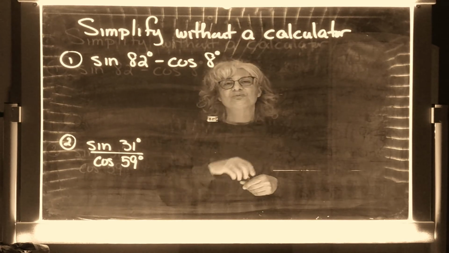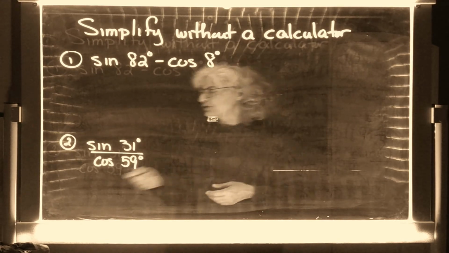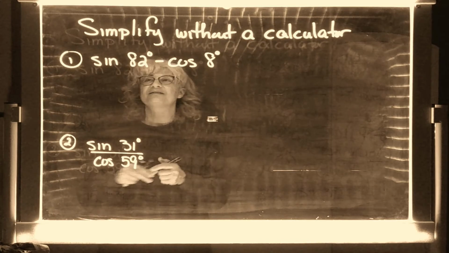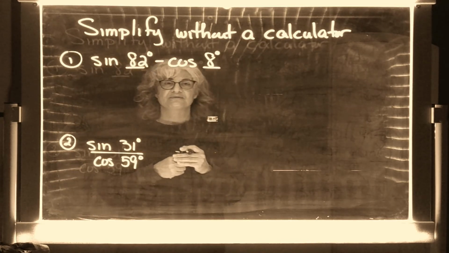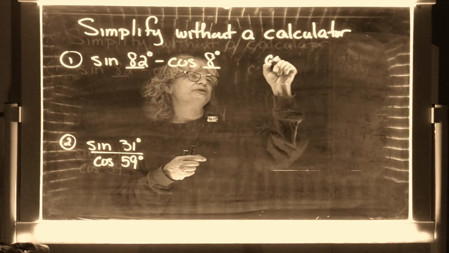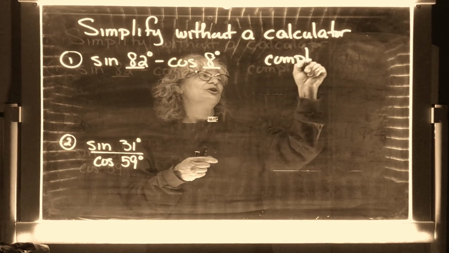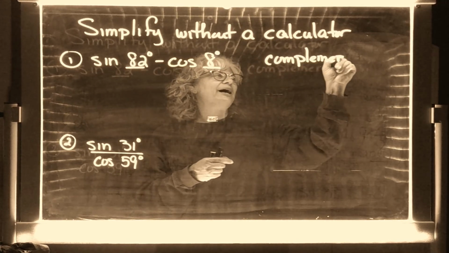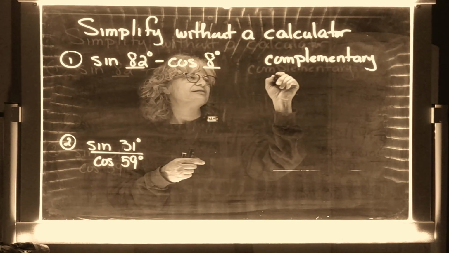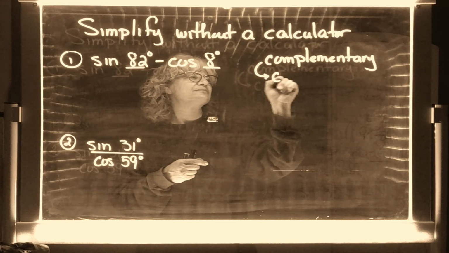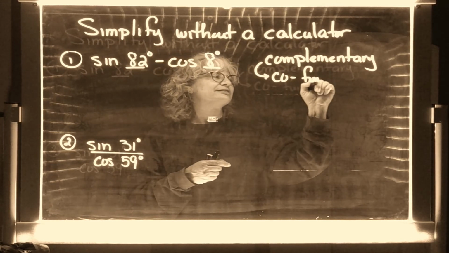Now, here's the one thing I'm noticing though. I'm noticing that 82 degrees and 8 degrees are what kind of angles? Good, they're complementary angles. And since they're complementary angles, that means I'm going to look at the cofunction identities.